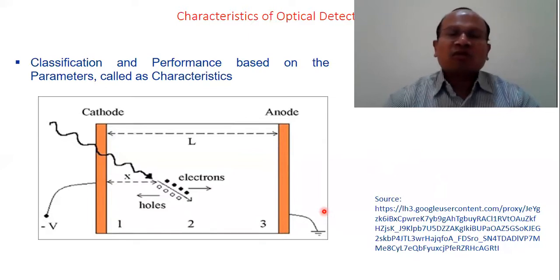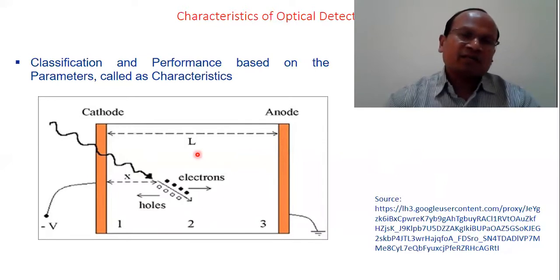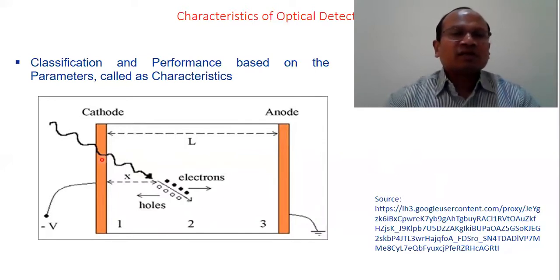So this is the normal working principle of the optical detector, in which the light energy, the incident photon here, rather a bundle of photons, is converted into an electrical signal that flows from anode to cathode in the external circuit.